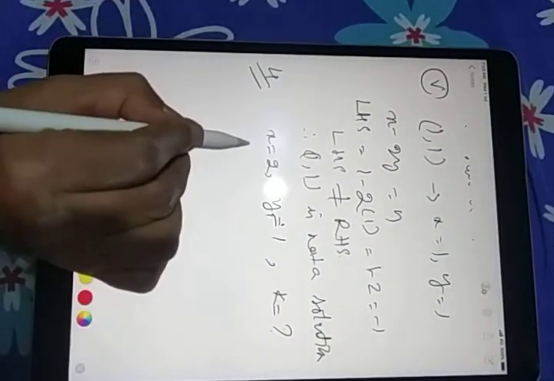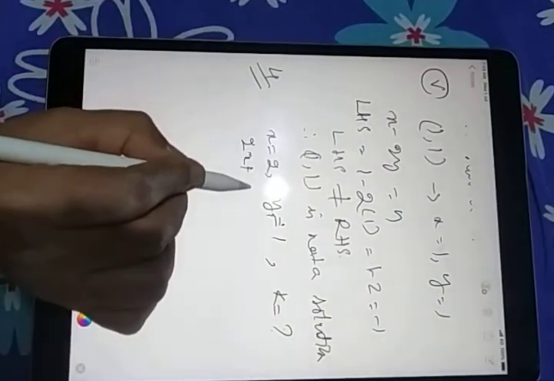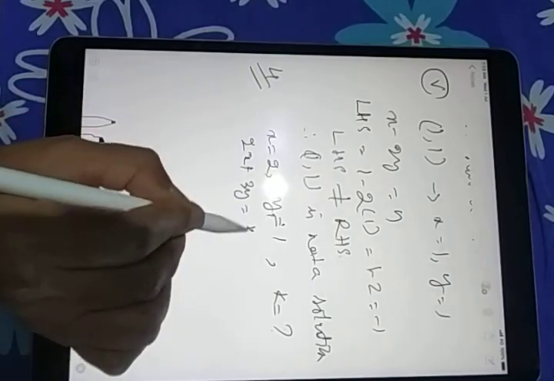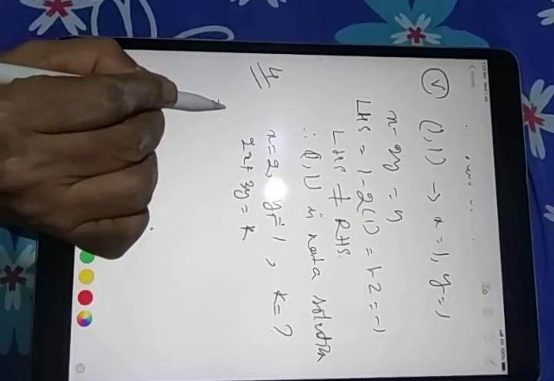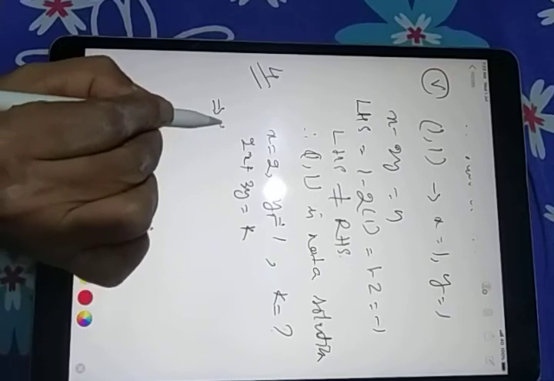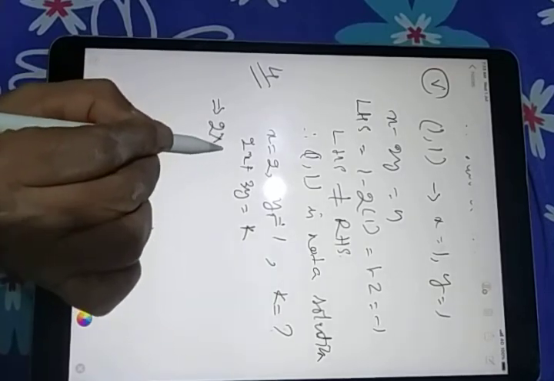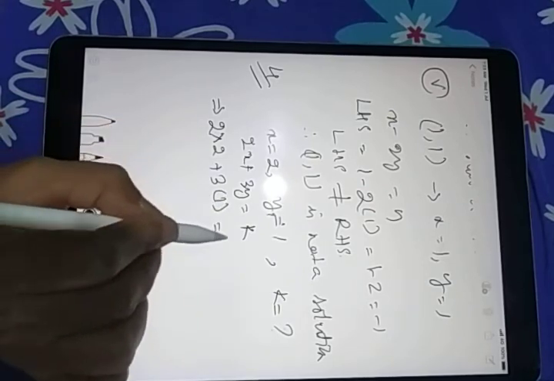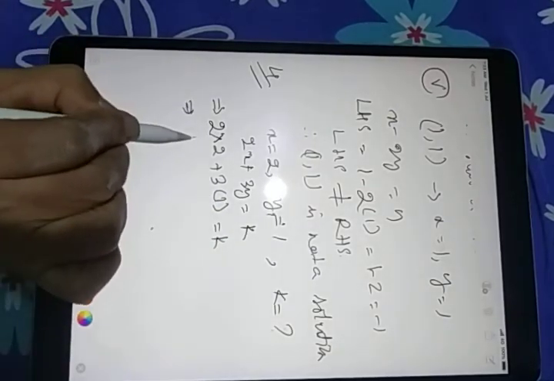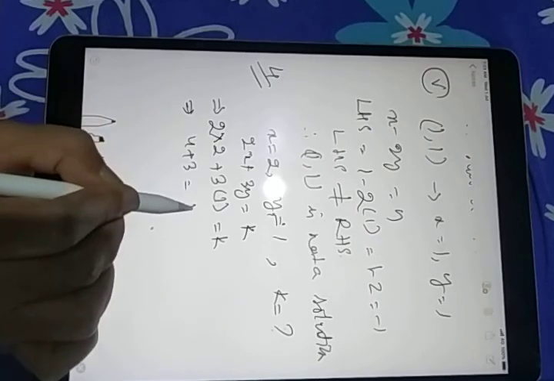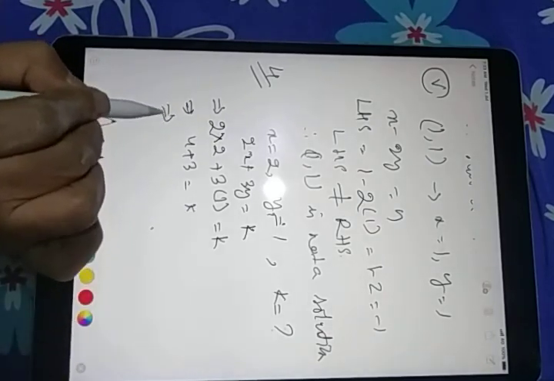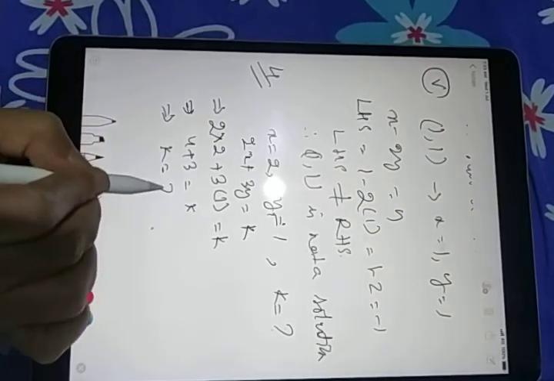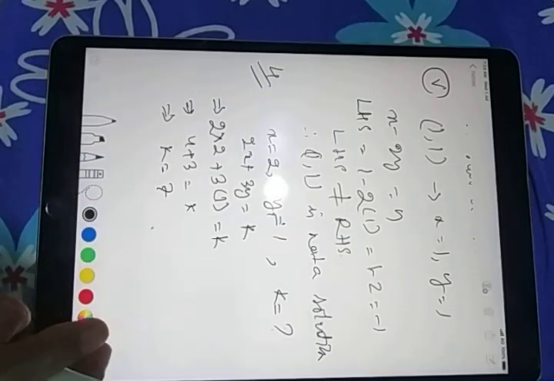Equation is 2x plus 3y equal to k. That means you will put here in place of x, 2, and in place of y, 1. This implies that 4 plus 3 equal to k. This implies that k equal to 7. So value of k is 7.